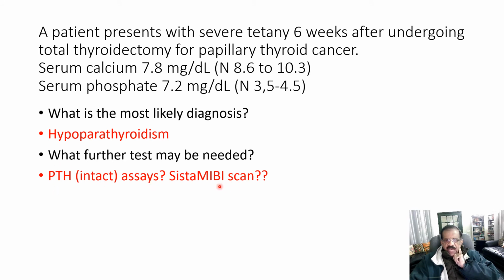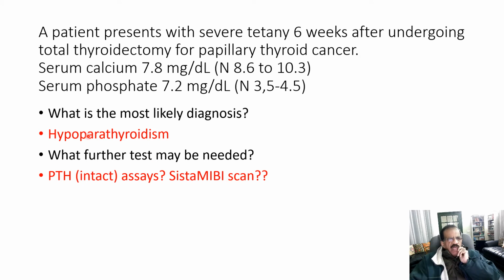Cyst maybe scan is a radionucleotide scan, which picks up parathyroid glands, whether they are present in their normal location or elsewhere. So if you do a sestamibi scan, you would not find any tissue showing the function of parathyroid.